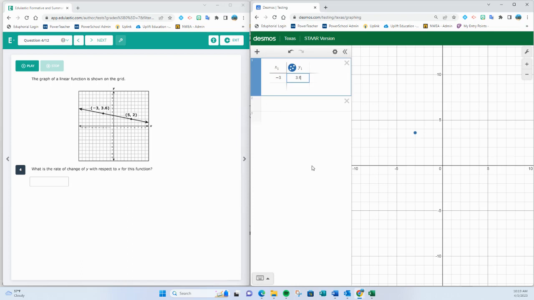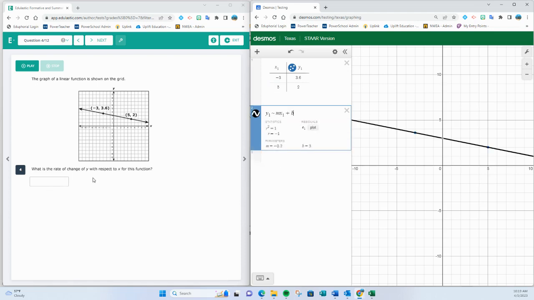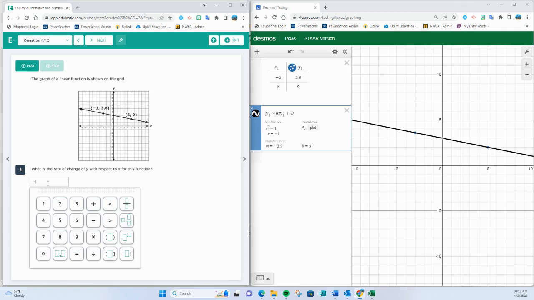I'm going to use the table method on Desmos. I'm going to enter my two ordered pairs, put y1 ~ mx1 + b. And here I have the rate of change, or slope, m, is going to be negative 0.2.